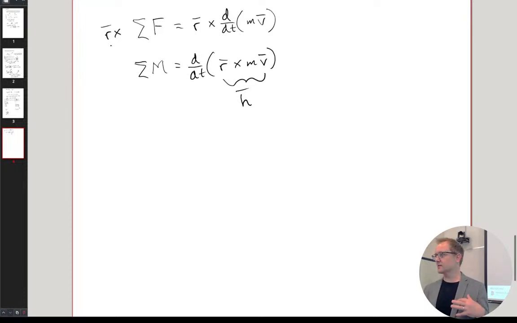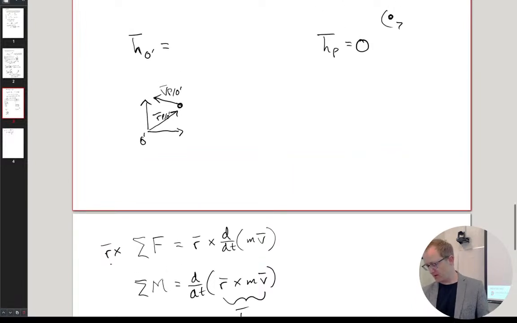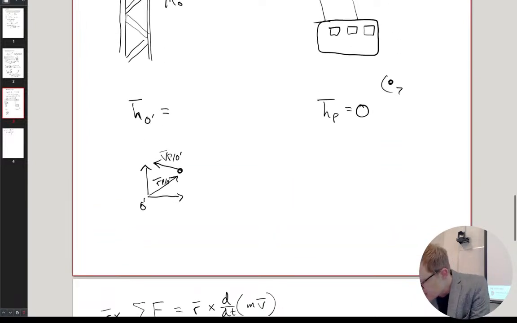And again, this one's very short, quick, short and sweet. What is angular momentum, in terms of what formula do we use for it? So here I'm saying R of P, O prime crossed with M, V of P, O prime. And really we just chose polar coordinates, so our definition is based on polar coordinates, but let's write them out again.